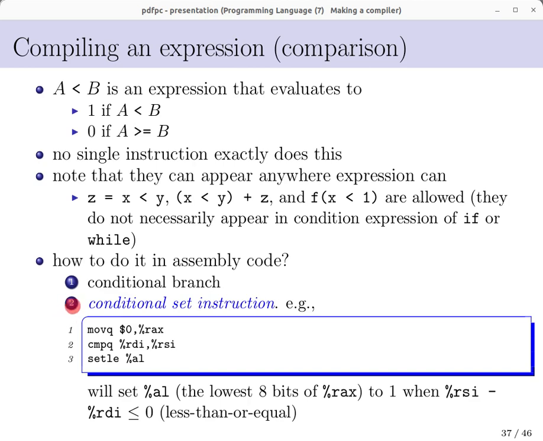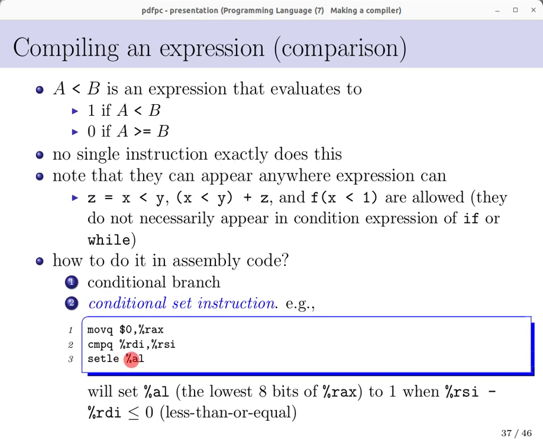So there's actually a better way, something called conditional set instructions. For example, you compare these two things, RDI and RSI, and then you issue one of the conditional set instructions. In this case, the instruction is called setle.